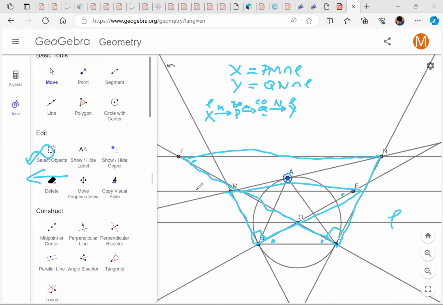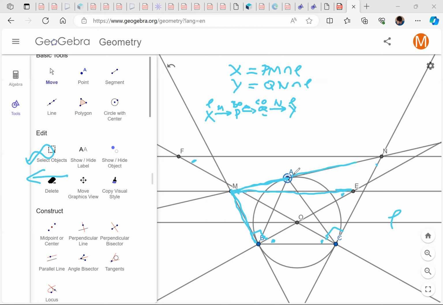So now, let's have a look. This is really messy. Now we take MA. MA is equal to MB, and MB is of a certain ratio to ME. So we know the ratio MA to ME equals MB to ME.